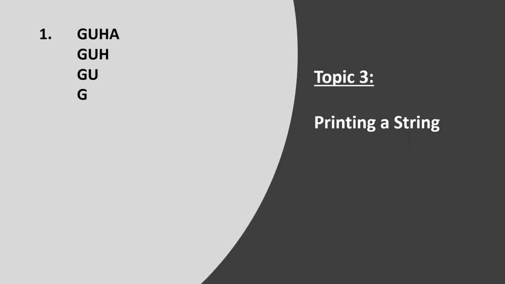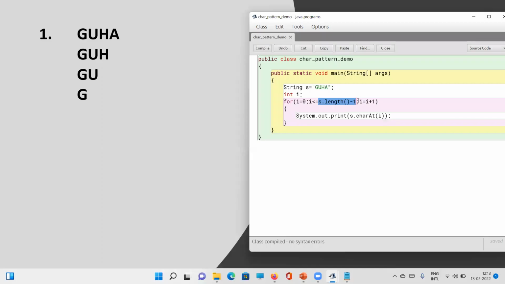If I go further now, suppose anyone asks to print this string pattern: Guha, GUH, GU, and G. Now the question to you: how to print GUH? Obviously, instead of 3, if I write 3, I'll be getting Guha.